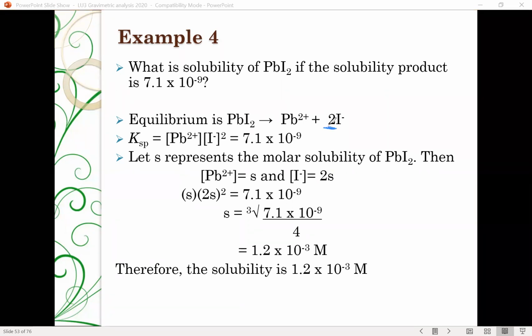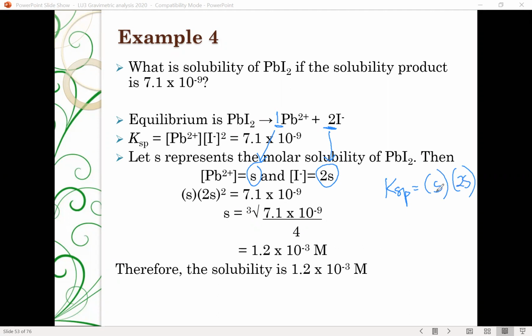You have 2 iodide, so you have this one, and you have 1 Pb, so you have this one. From there, you put Ksp equals S times 2S squared.